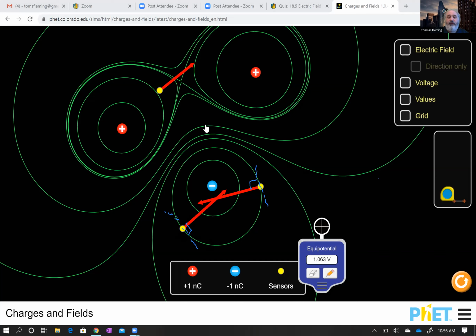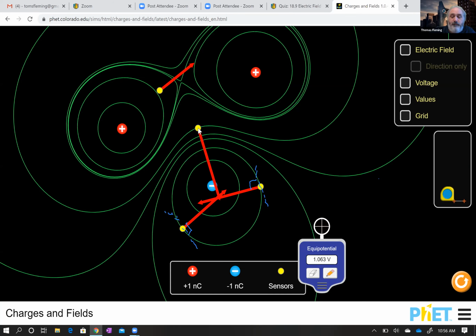If I put my sensor, say, right there, there's my tangent line, still 90. No matter where I go, they're always perpendicular. That's pretty neat. And it also will help us figure out some stuff in places that are more complicated.